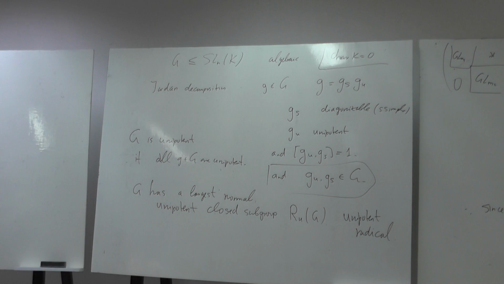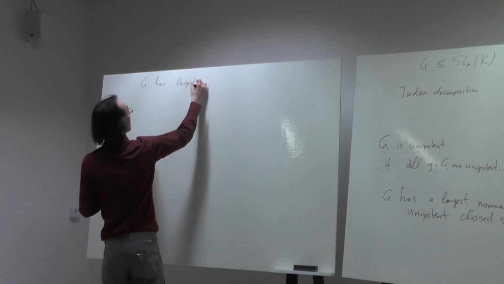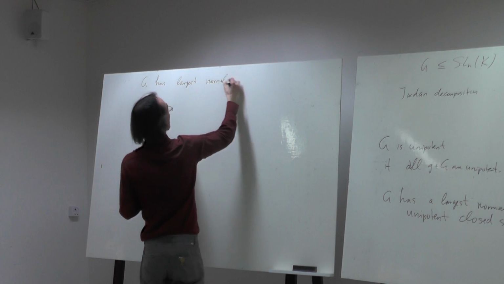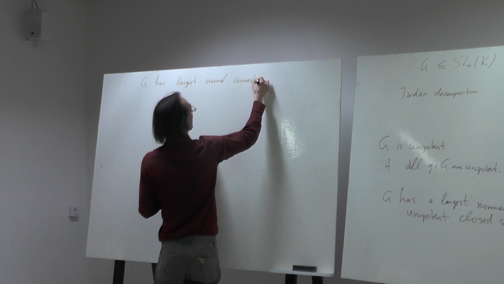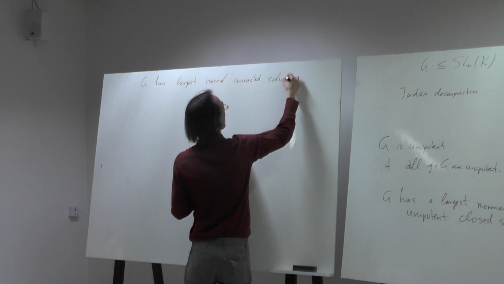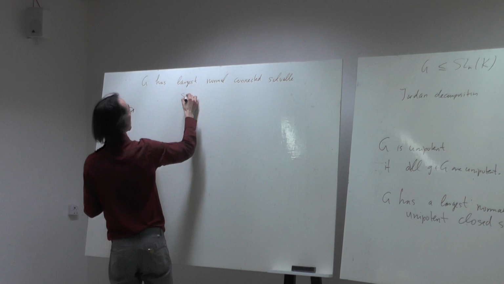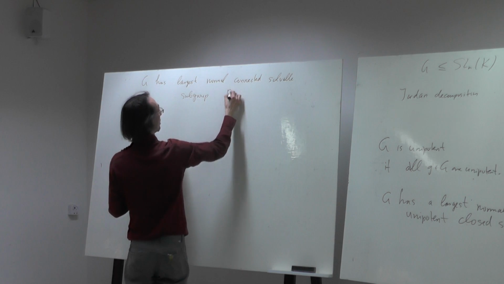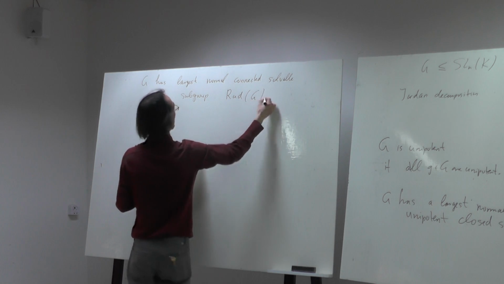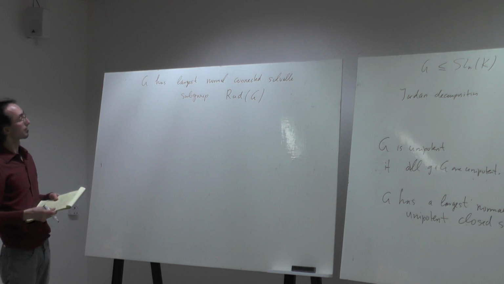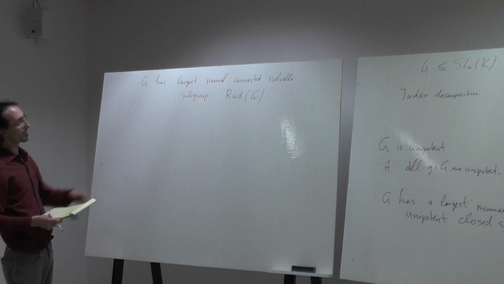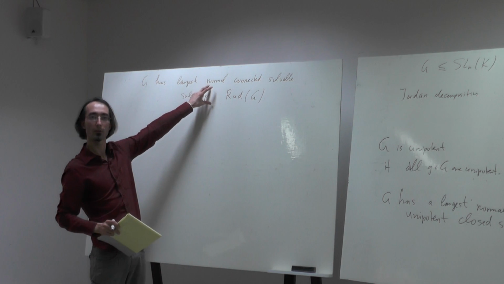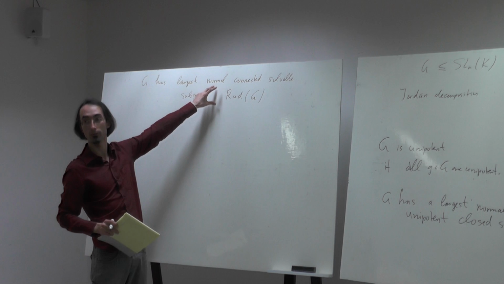Okay. And there's also the solvable radical. G has a largest normal connected solvable subgroup, denoted the radical. Okay. So the proof now, from what we know, is easy because we can just take the one of largest dimension.